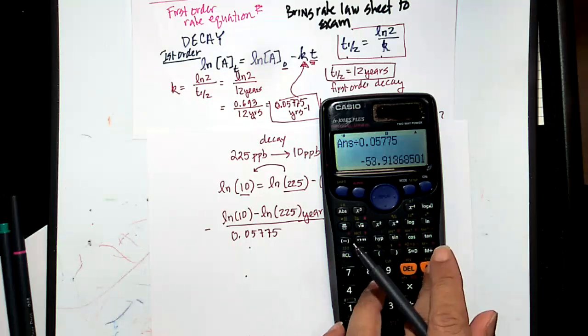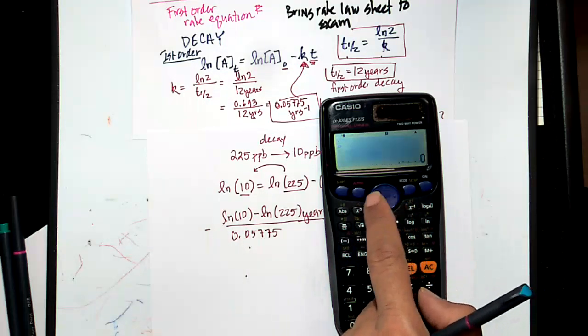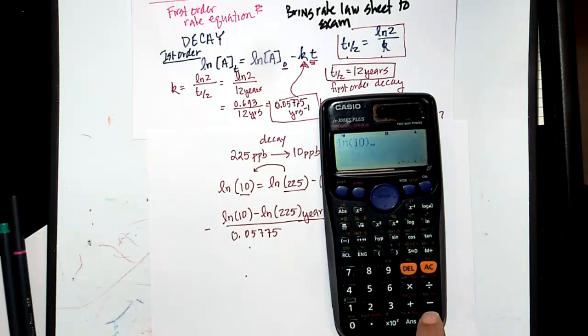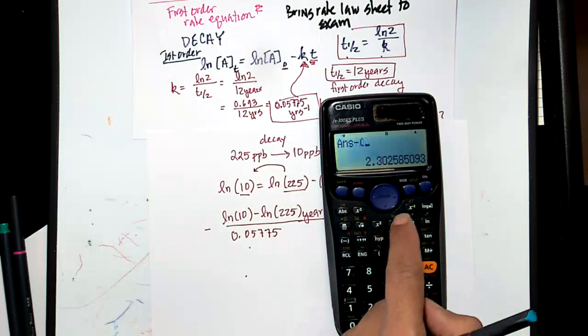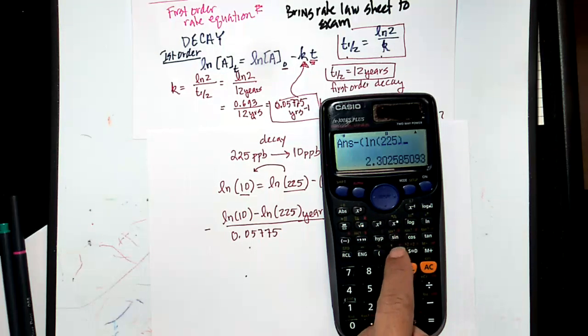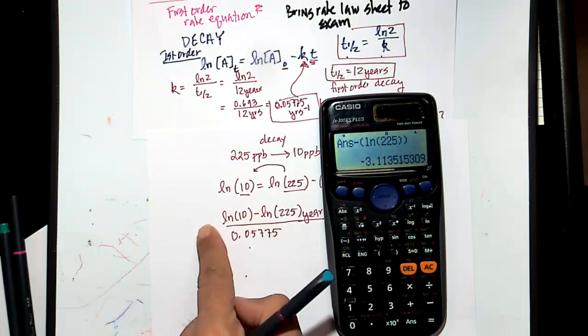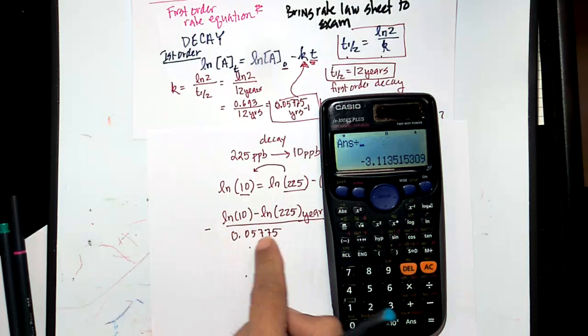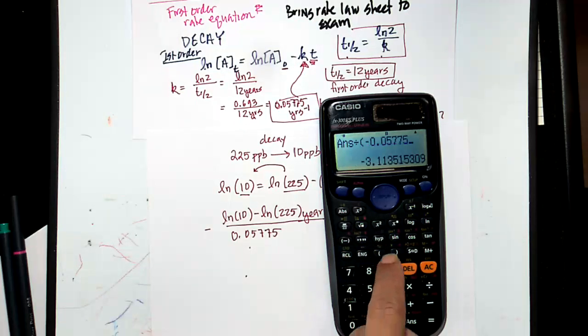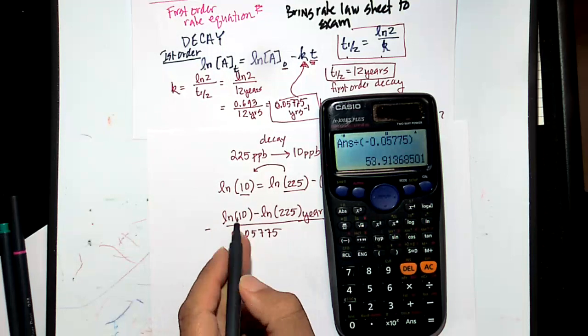About 54 years. It should be positive because the minuses cancel out. Natural log of 10 minus natural log of 225, negative, divided by a negative 0.05775. Yeah, 54 years.